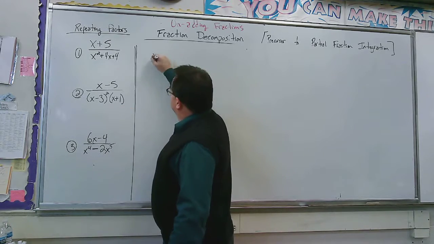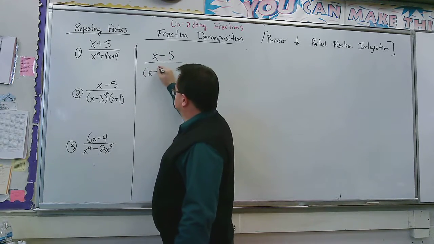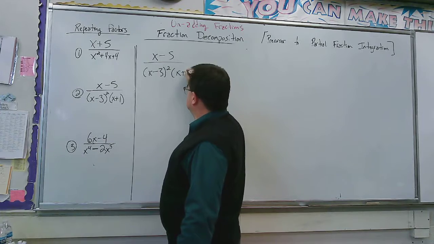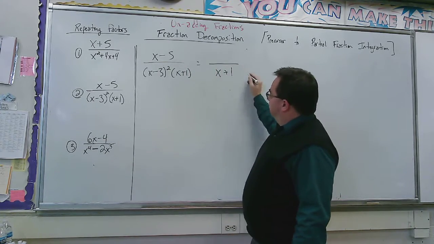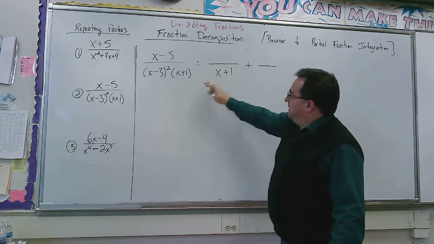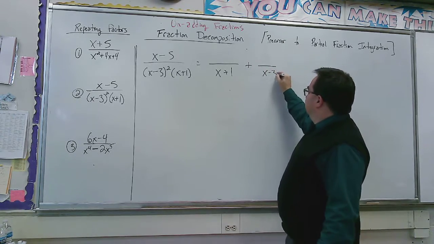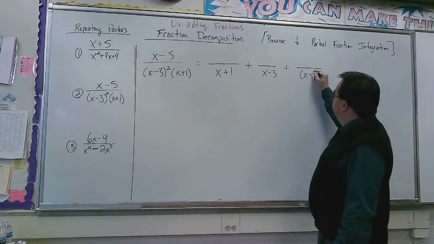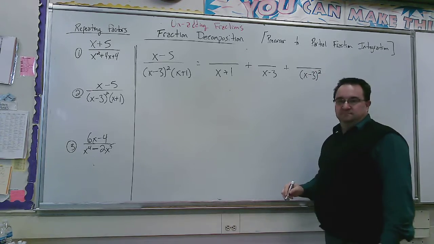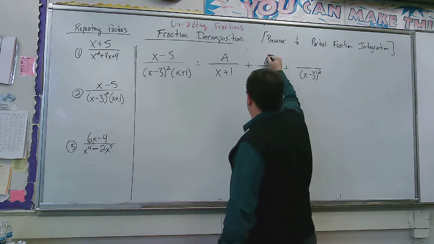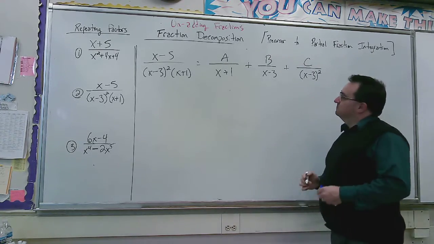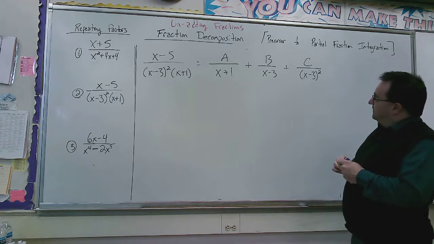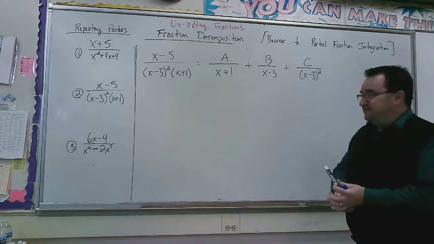So the setup for this is, I'll start with this one. Doesn't really matter. I could have one of those x minus 3's, or I could have both of those x minus 3's. And I don't know what the numerators are. Now I forget about the left. How would I actually add these up?